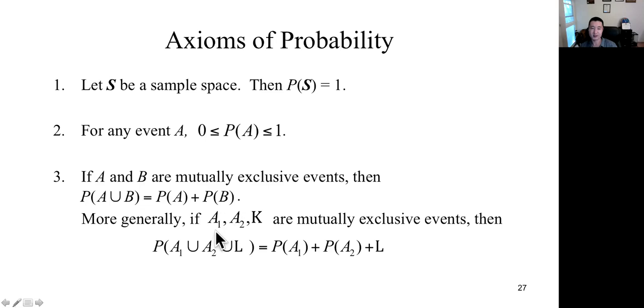If we have more than two events, then the probability of A1 or A2 or A3 is equal to the probability of A1, A2, A3 added together, provided they are mutually exclusive events, which means they have nothing in common. What if we have something in common? Then the equation will be a little bit different. We're going to see that in a moment.